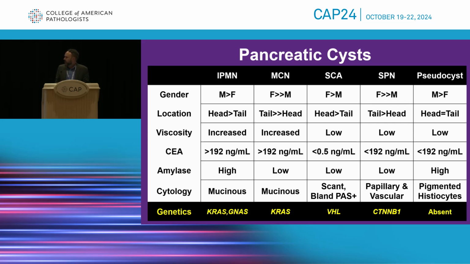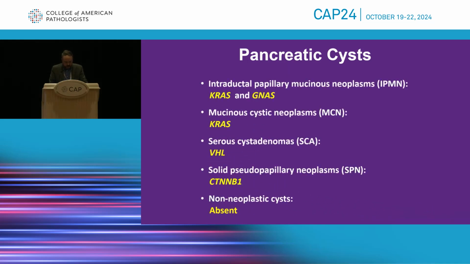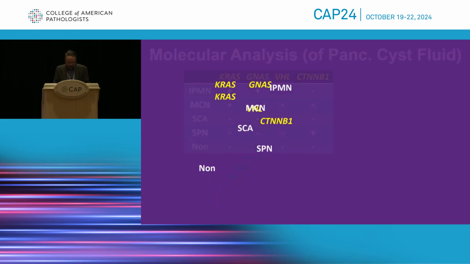VHL alterations are associated with serous cystadenomas, beta-catenin gene alterations in solid pseudopapillary neoplasms, and then pseudocysts tend not to have any mutations found in these pancreatic cyst fluid panels. So you can start to develop a table or a list to show that when you detect a particular mutation in cyst fluid, it can suggest, in the right setting, that you're dealing with a particular type of cyst.